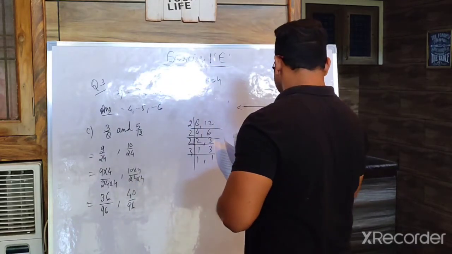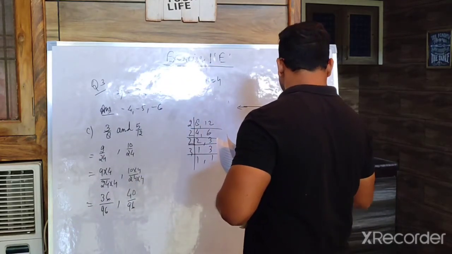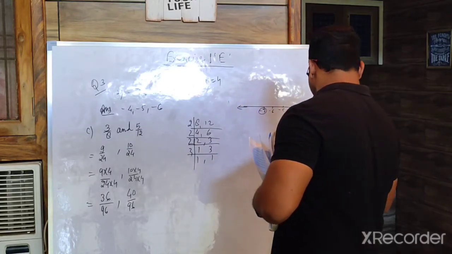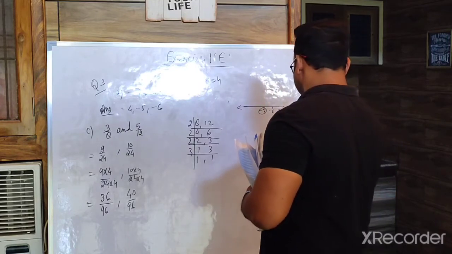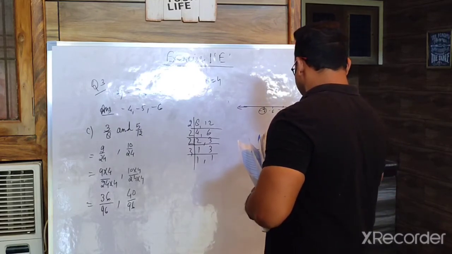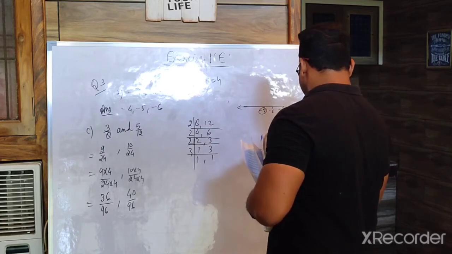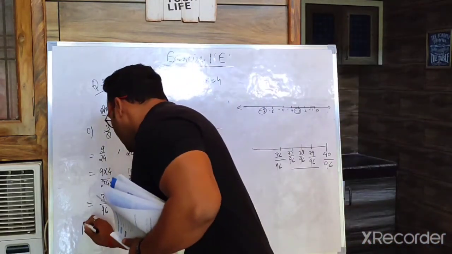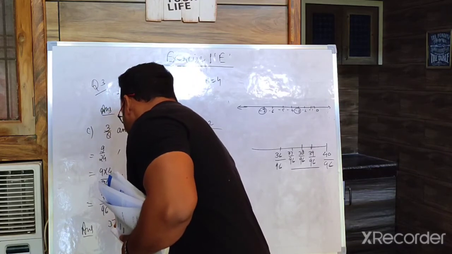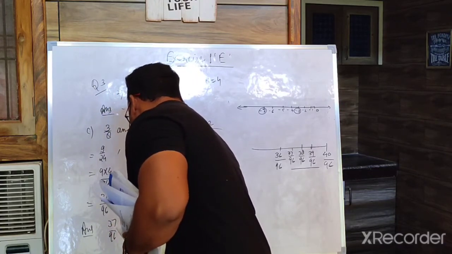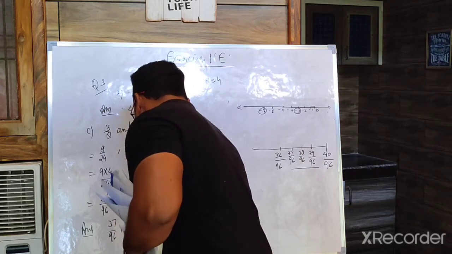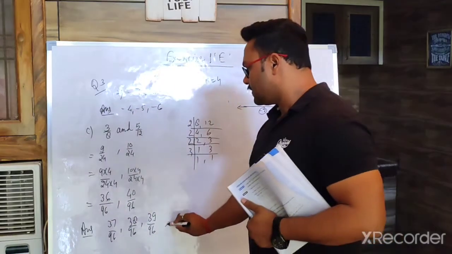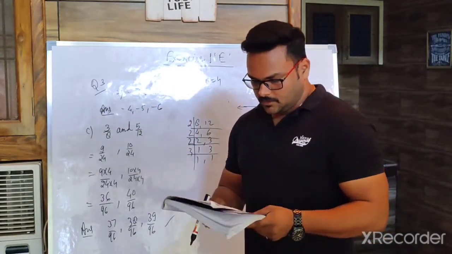Between 36 and 40, 36 upon 96 and 40 upon 96. So here we have 37 upon 96, 38 upon 96, 39 upon 96. So 3 numbers we can get in between very easily. So our answer will be 37 upon 96, 38 upon 96 and 39 upon 96. So you can write it as the answer. Very easy way you can calculate.